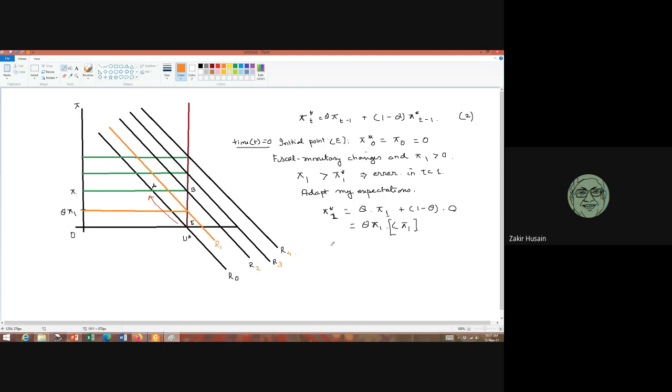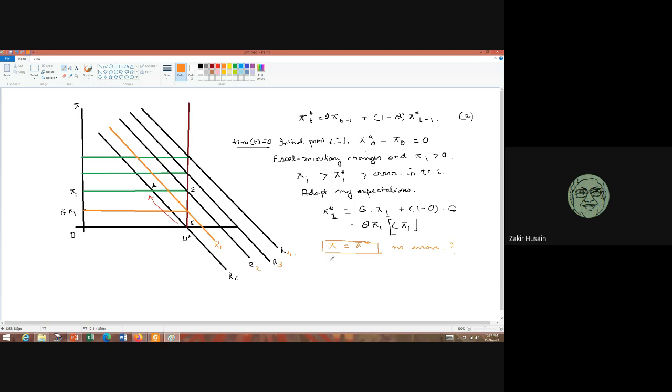But is this equation being satisfied? No, because still there's an error term. The actual inflation is above what I'm expecting, right?